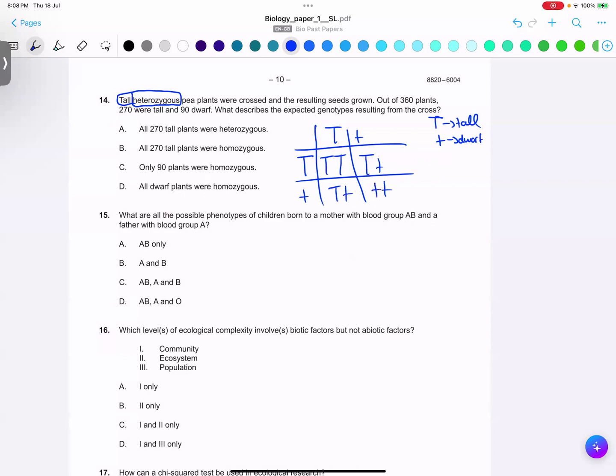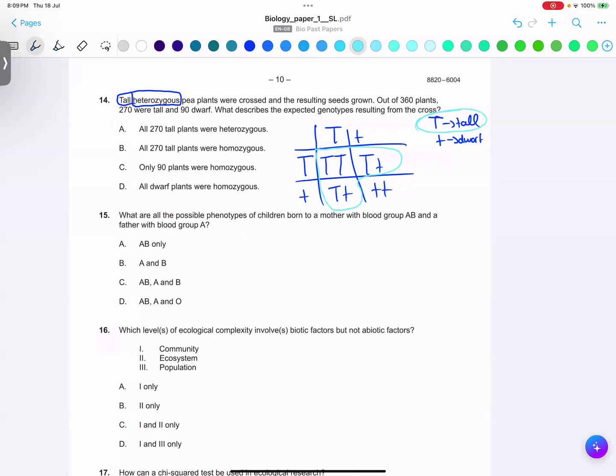So here we can automatically tell that those genotypes that contain the dominant gene are all tall. So 75%, or 1 out of 3, or no, sorry, 3 out of 4. Whereas in this case, 25% are short, 1 out of 4.